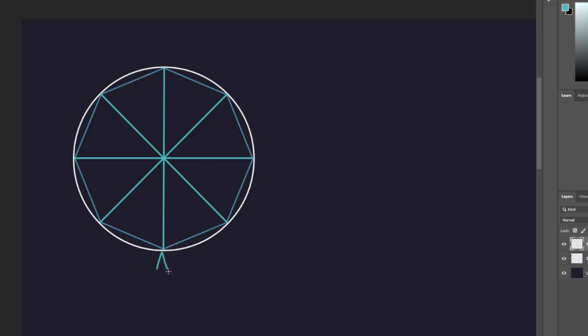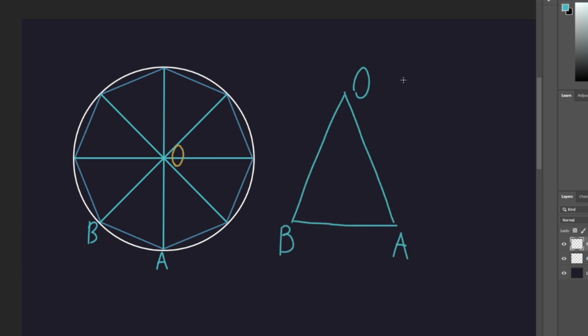So let's look at one of those triangles. Let's call it A, B, and O. And it's not difficult to see that to find the perimeter of that n-sided polygon, we would need to multiply n by AB. But how do we find the length of AB?